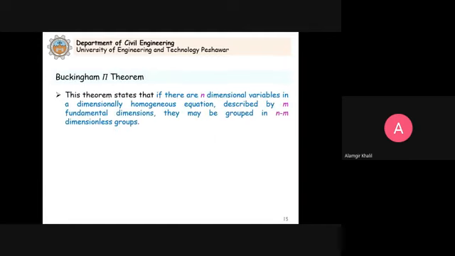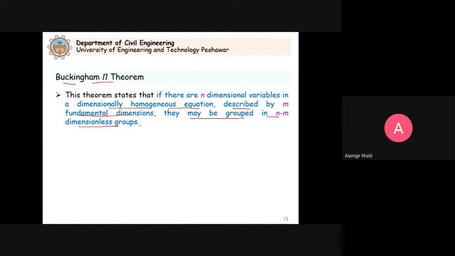Now in this Buckingham Pi theorem, this states that if there are n dimensional variables in a dimensionally homogeneous equation described by m fundamental dimensions, they may be grouped in n minus m dimensionless groups.